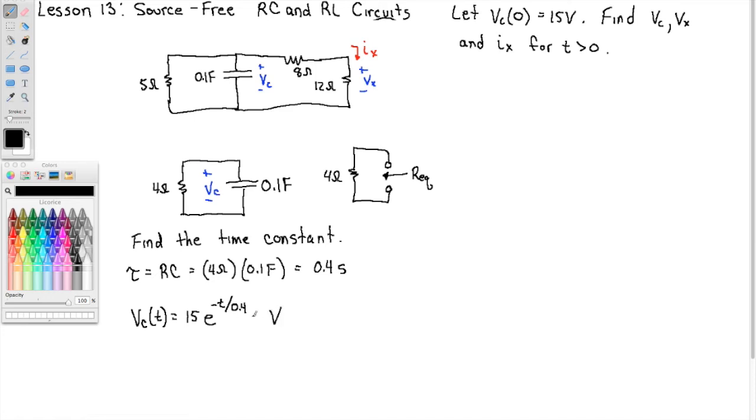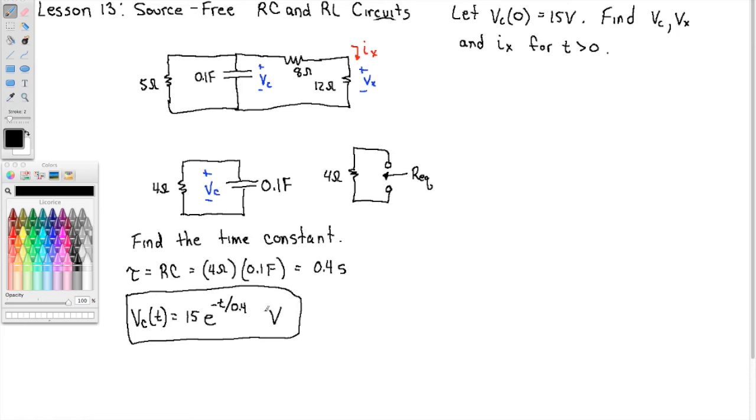And then the units of this is volts. Okay, so that's part of our answer. Find VC for time greater than 0. Here it is. You tell me how much time has elapsed since our reference, and our reference is time equals 0. So you tell me what t is, and I'll tell you the voltage across the capacitor, and yet it's decaying exponentially.